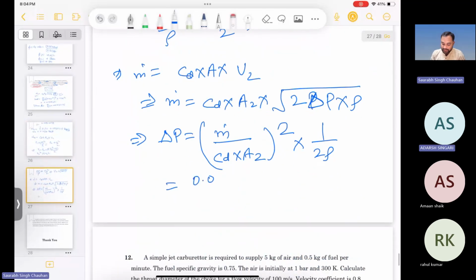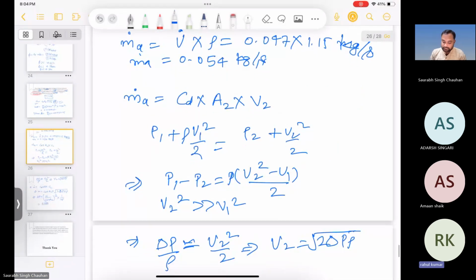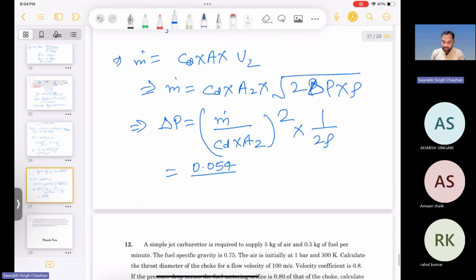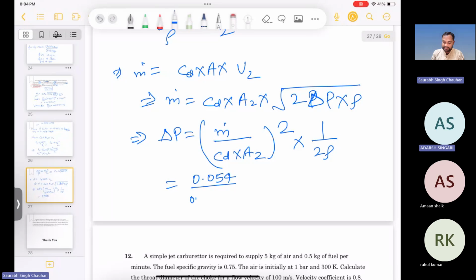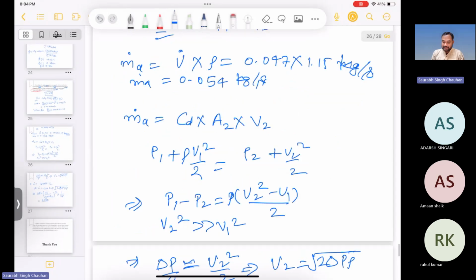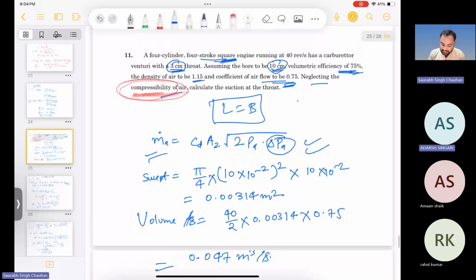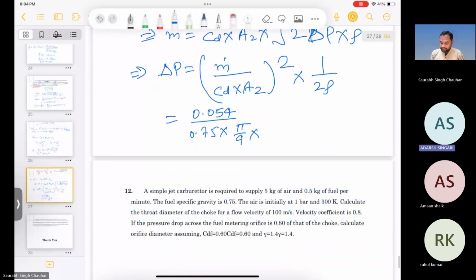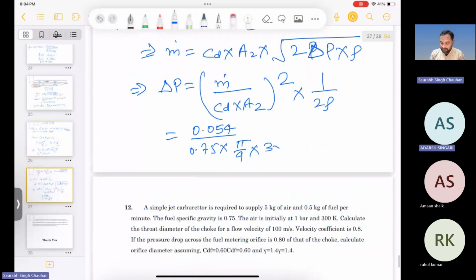So mass flow rate is 0.054, divided by CD, which is 0.75. Area will be pi by 4 into, what is the throat area, 3 centimeter, 3 into 10 to the power minus 2 squared.